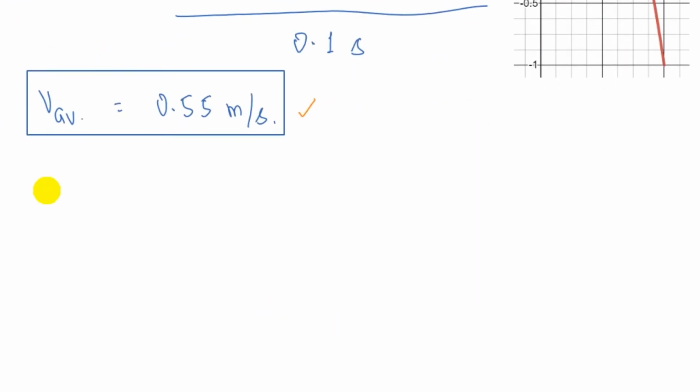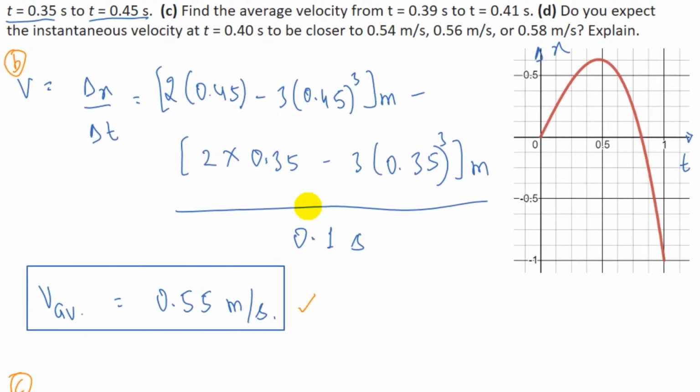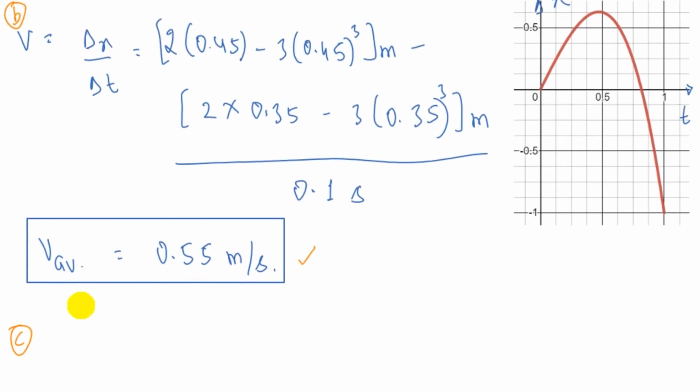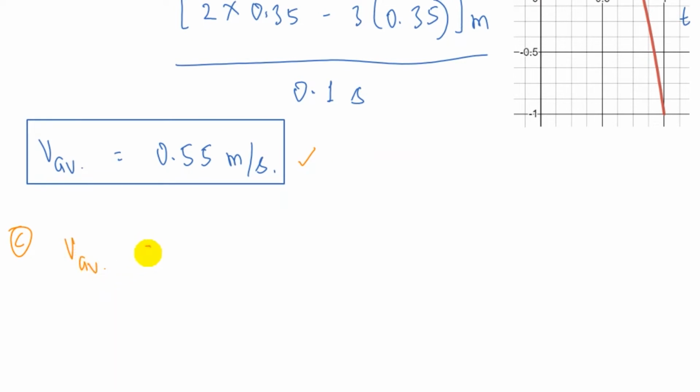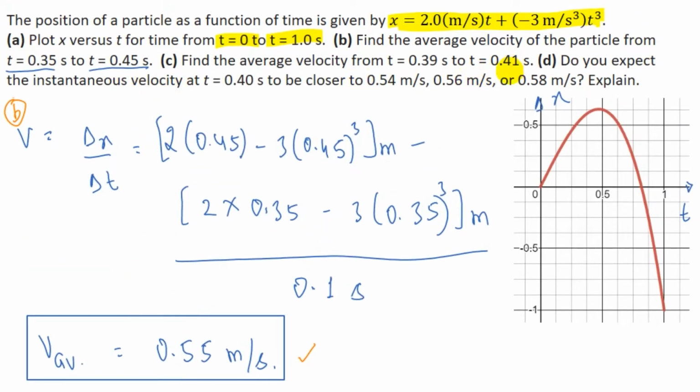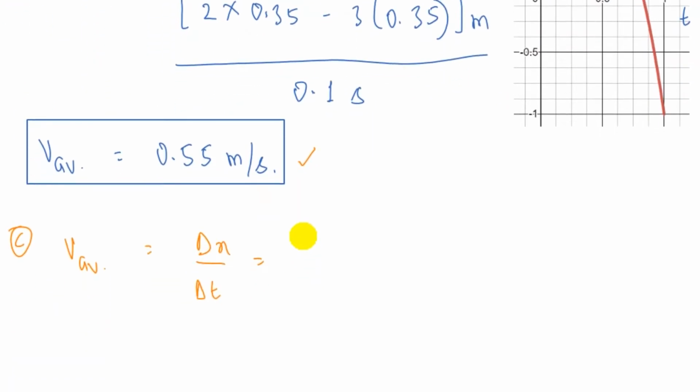Now next we can solve the C part, where we have to calculate the average velocity for the time interval, this one, 0.39 to 0.41. Same procedure, the average velocity is delta x over delta t, and this would be equal to, now this time the final position would be at t equals 0.41 seconds. So we can put t as 0.41 here. So 2 times 0.41 minus 3 times 0.41 and its cube.